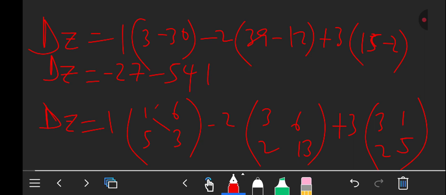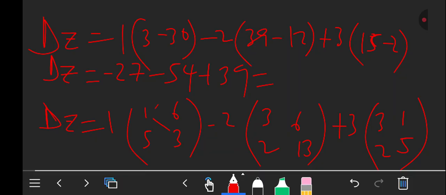Then we say plus, that is 15 minus 2, that is 13. 13 multiplied by 3, that is a 39. Then we get to find what is negative 27 minus 54.